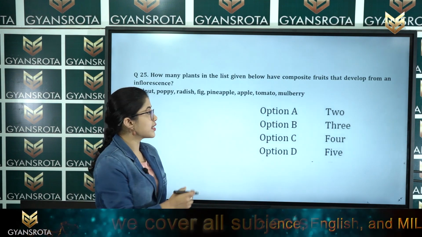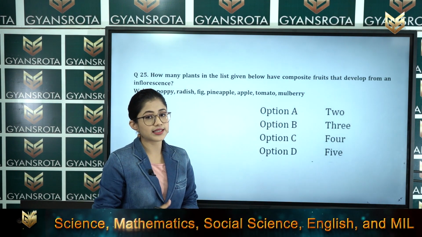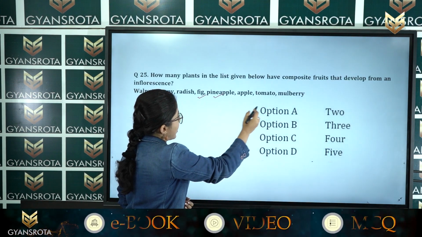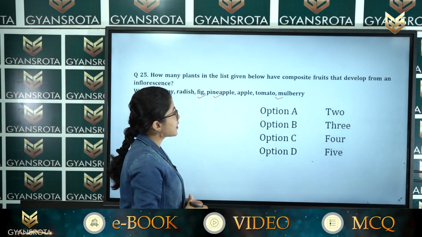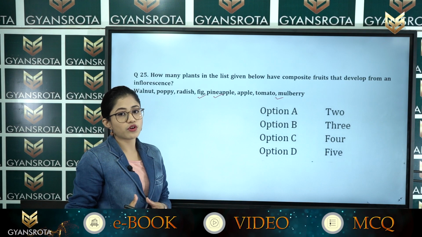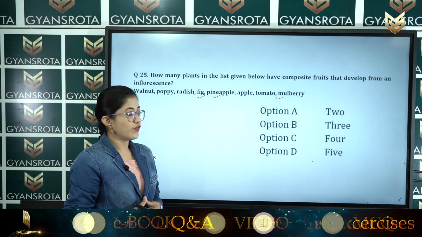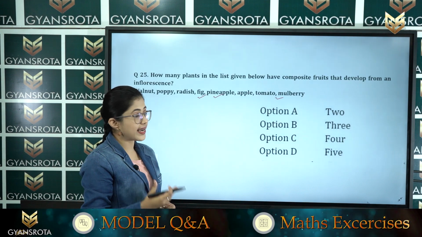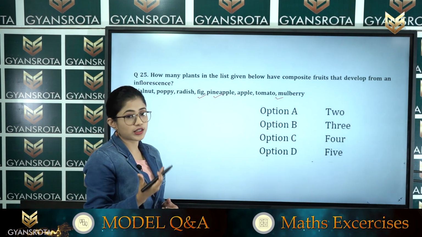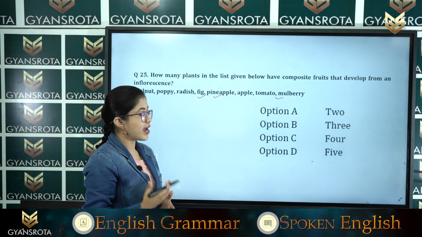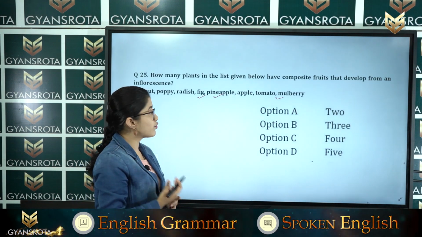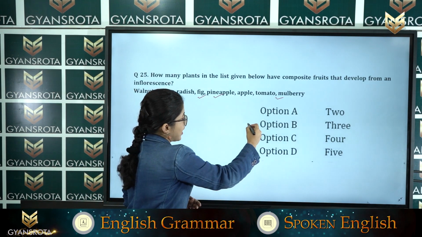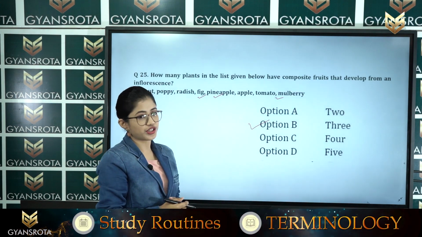So, out of these examples, which of them are the correct answer? Fig, pineapple and mulberry. These are the composite fruits that develop from an inflorescence, which means from the options, that is option A is 2, option B is 3, option C is 4 and option D is 5, we have got the 3 examples, which means option number B is the correct answer for this question.